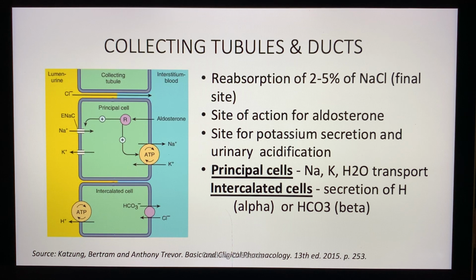Now, tip, what you see here in the illustration is the intercalated cells down here. Although it's not mentioned here, you have the alpha intercalated cells. This is for the secretion of hydrogen. Then you have the beta intercalated cells. This is for the secretion of bicarbonate.